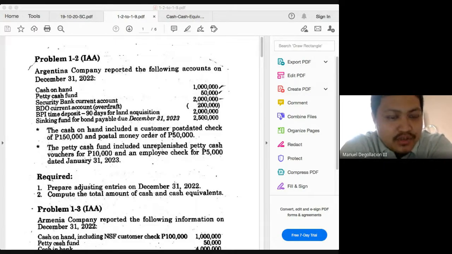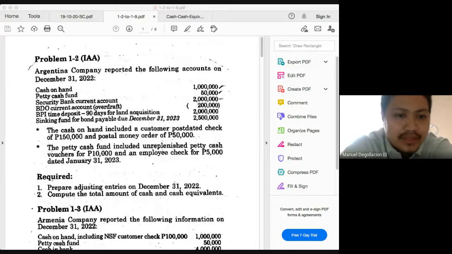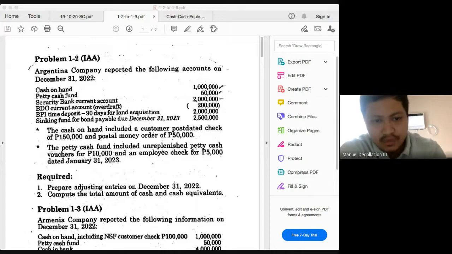Second additional information is as regards the petty cash fund. Based on our records, the petty cash fund is supposed to have a balance of 50,000. But after looking into the exact contents of the petty cash fund, we have realized that in the petty cash fund, there are unreplenished petty cash vouchers for 10,000 and an employee check for 5,000 dated January 31, 2023.